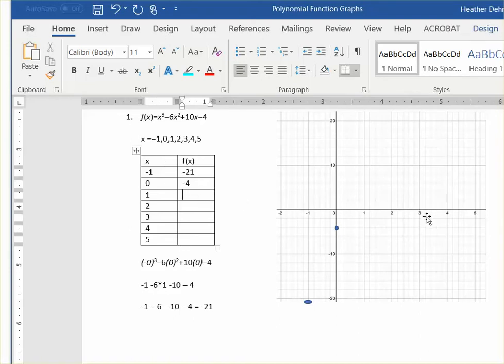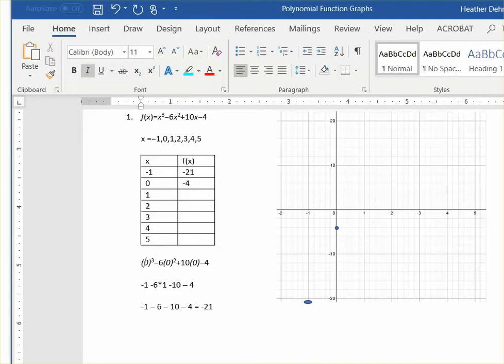And as you get the points on here, you will start to see the shape of your graph. Now I'll just do one more. I'll do it at 1. 1 cubed is 1. Minus 6 times 1 squared, that would be minus 6. Plus 10 minus 4.